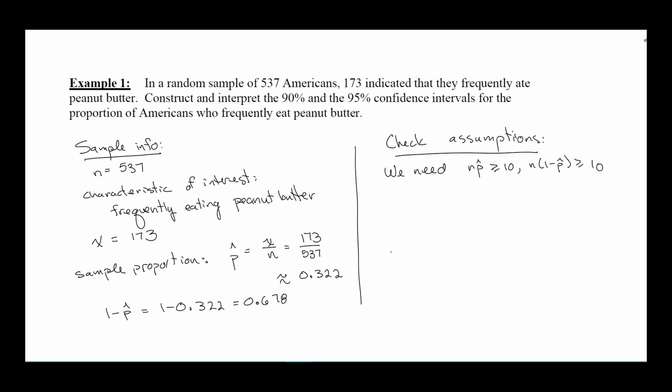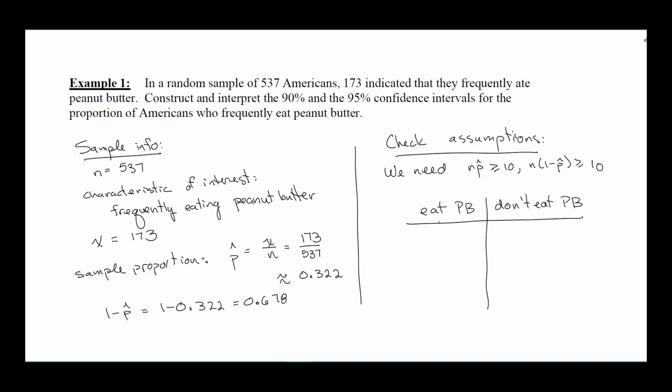The way I usually do this, and this is going to help later on when we go to doing hypothesis tests when we compare two proportions, I really like to make a little table. These are going to be the people who eat the peanut butter, and these are the people who don't eat the peanut butter frequently.